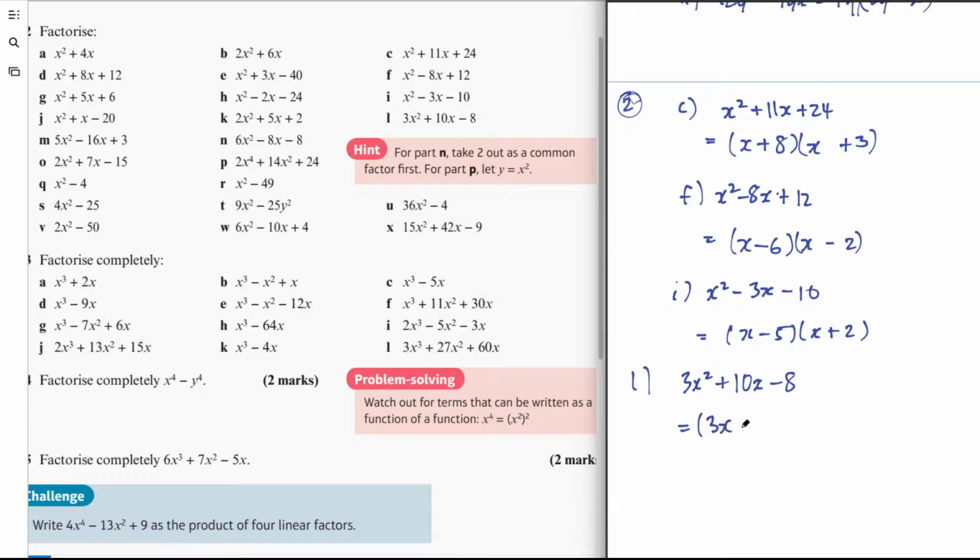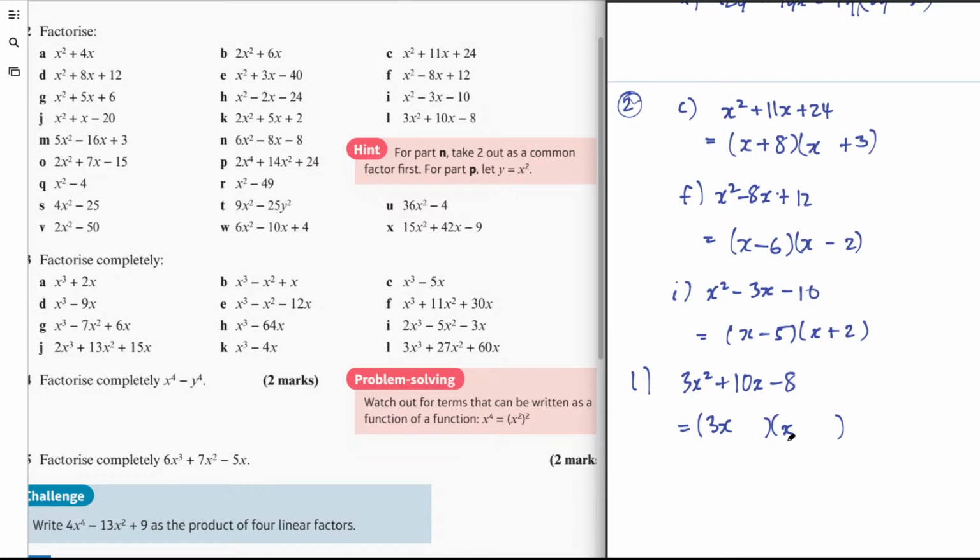So if we have 3x and we multiply that by 2, and then we have a 4 there. But we need it to be positive 10 and negative 8. That's not going to work, so we could try something else.